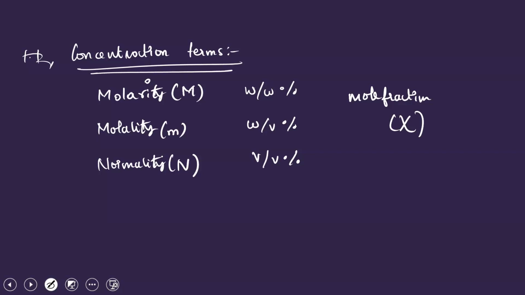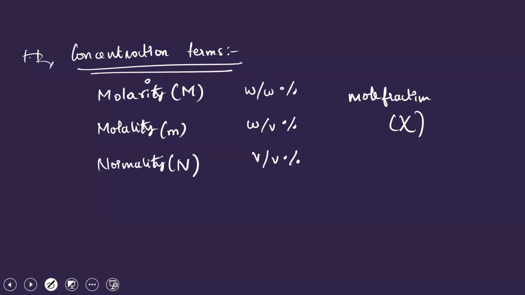Clear? Fine. So there are 7 concentration terms. The way that you will be studying is first identifying the concentration directly, but no questions will be asked like that. They will give you weight by weight percentage and ask you the molarity, or sometimes they will give you weight by volume percentage and ask you molarity, molality, normality. Sometimes they give you the mole fraction and ask for molality. So like this you have got a lot of other ways.